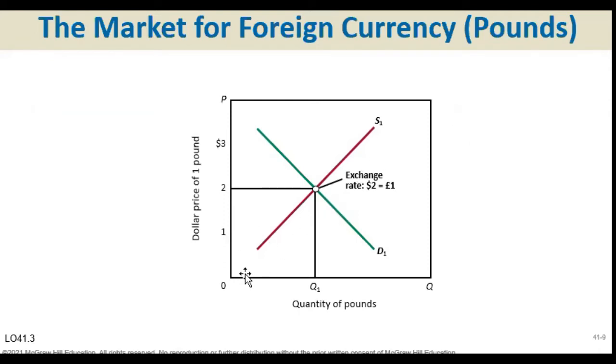And the supply of pound curve, the red curve, is upward sloping because the British will purchase more US goods when the dollar price of the pound rises. When that happens, the British will buy more US goods and services because they will become less expensive.